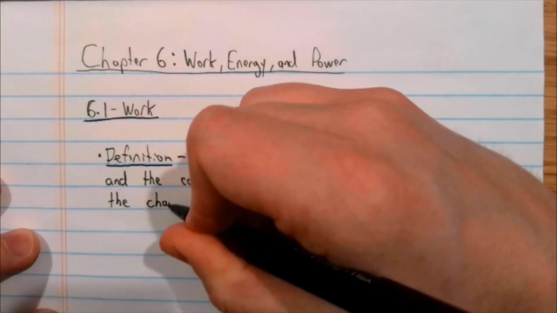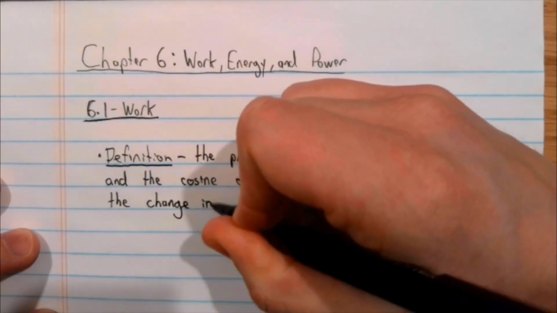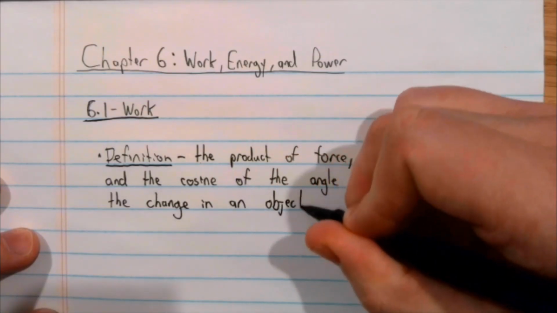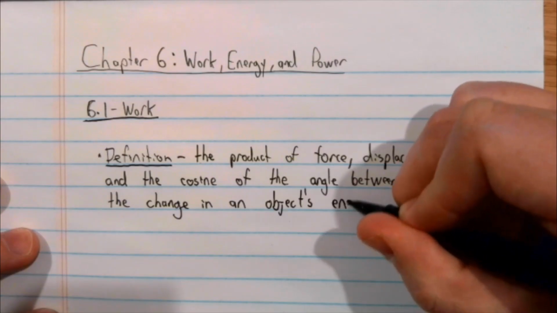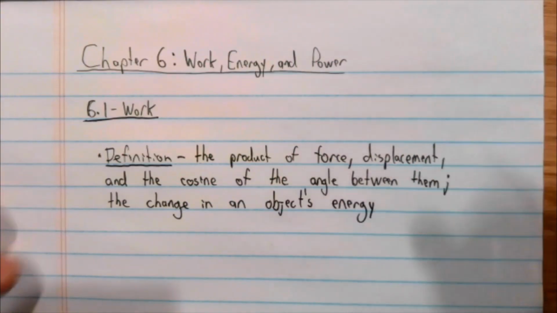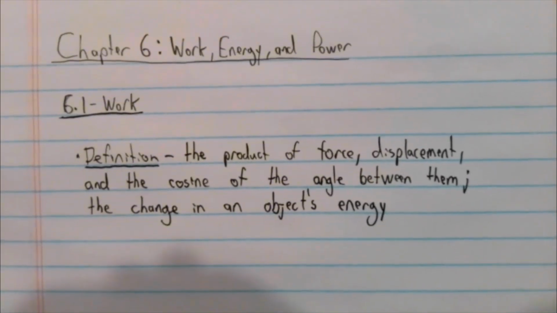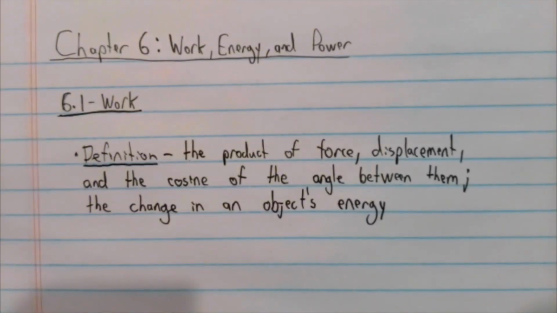The change in an object's energy. Now, we haven't learned anything about energy in this chapter, of course, because this is the first part, but you probably know a little bit about it. Most of you have learned that potential energy is by virtue of how high an object is.